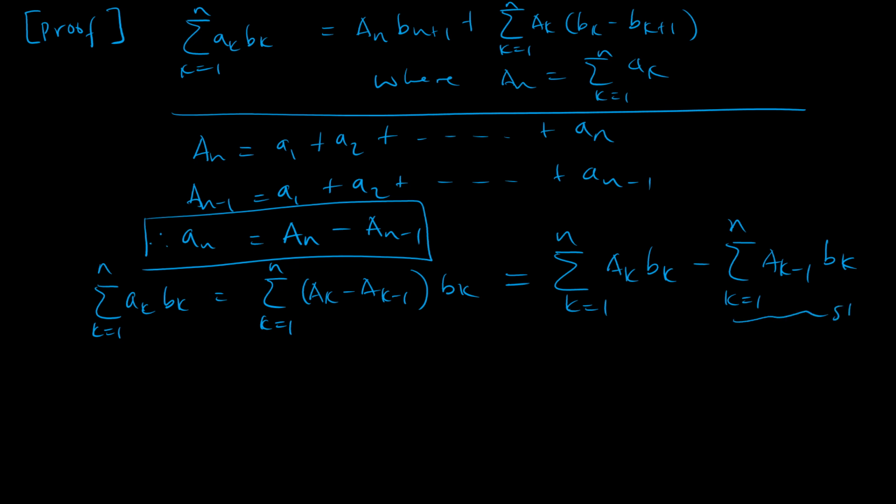Let's shift the k index here by 1. So this is the same as the sum from k equals 0 to n minus 1 of A_k b_{k+1}.